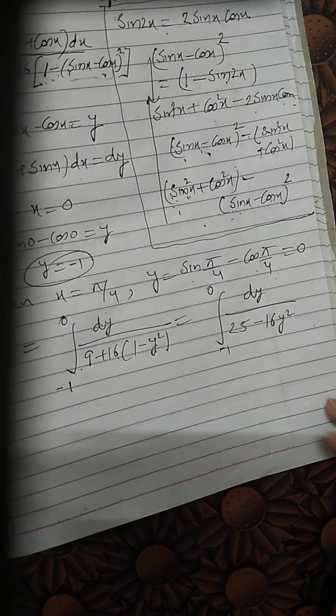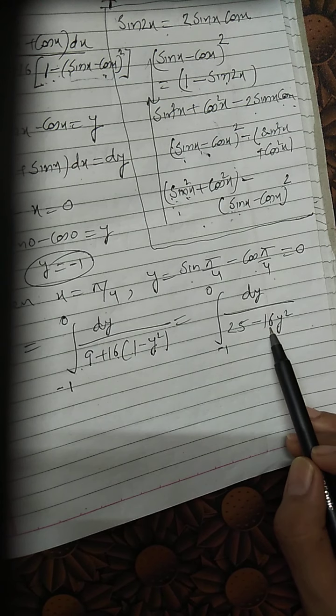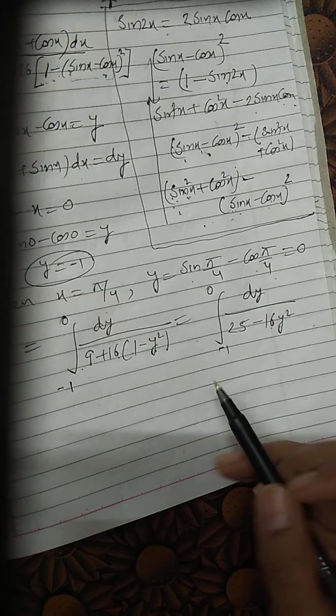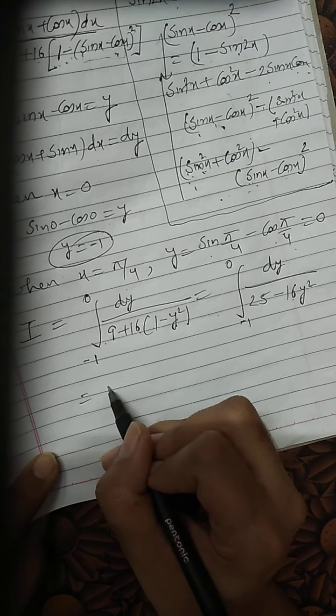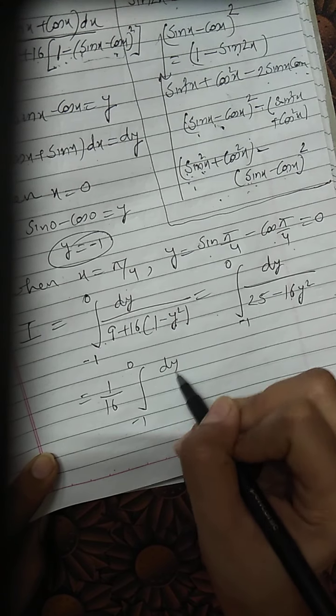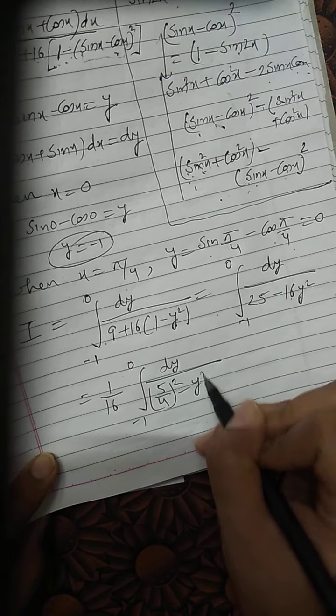I hope you people can do it. I will just make the coefficient of y square as 1. So we will take 16 outside, and we are getting 1 by 16 outside, integral from -1 to 0, dy upon 5 by 4 whole square minus y square.